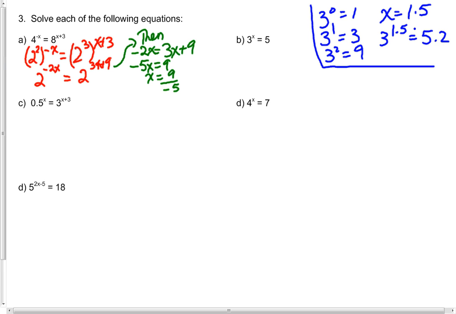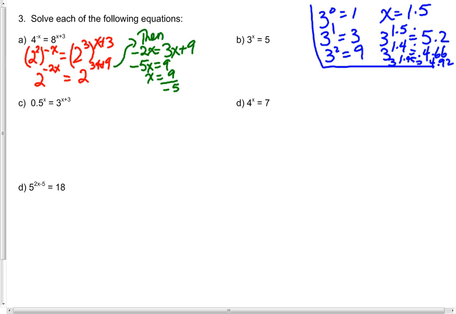So I'm going to try 3 to the 1.4. 3 to the 1.4 is 4.66. So it's in between. We want 2 decimal places anyway, so let's try 1.45. 4.92, very close.